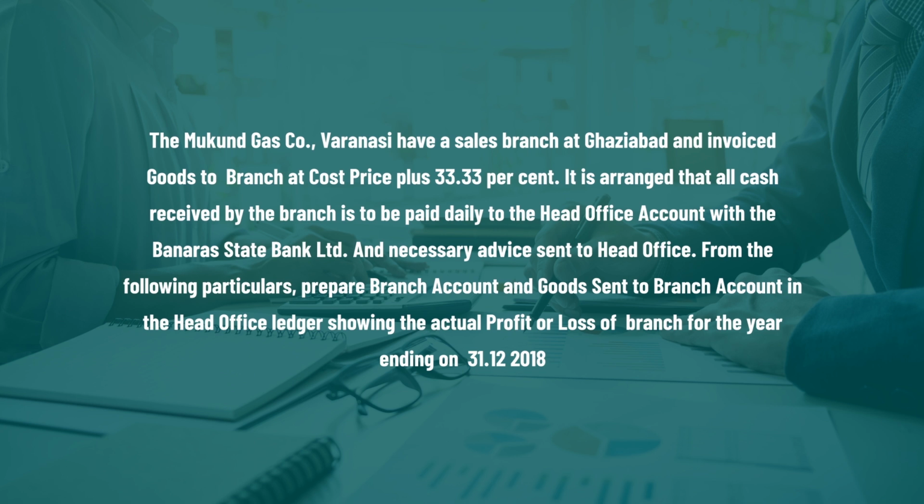From the following particulars, prepare branch account and goods sent to branch account in the head office ledger showing the actual profit or loss of the branch for the year ending 31st December 2018. So, this is the question.